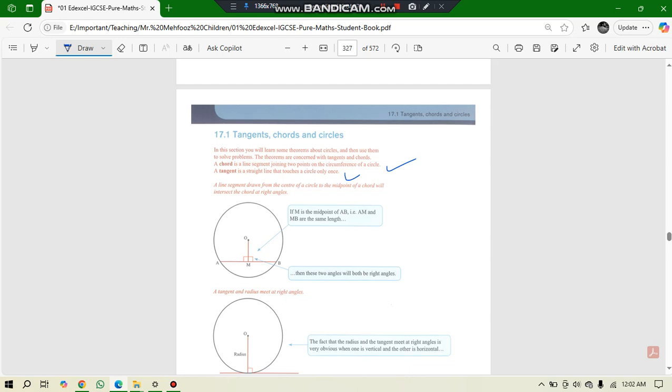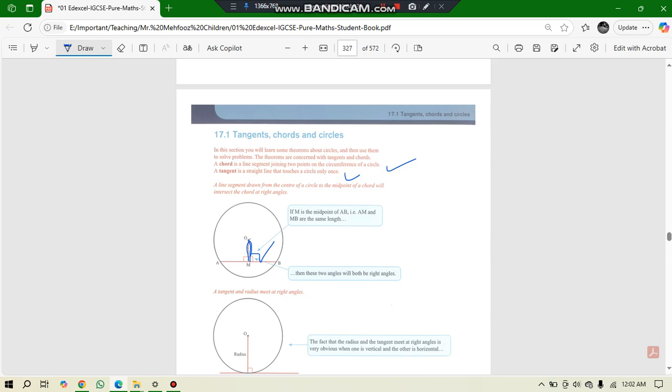This is the center of the circle, and we draw a line to the midpoint of this chord AB. It intersects the chord at a right angle. So this is your first theorem. If M is the midpoint of AB, then AM is equal to BM. This is understood.